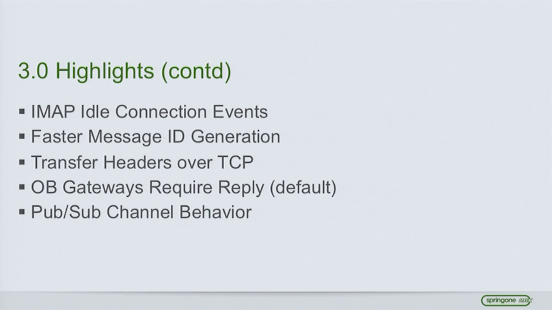So the plan is that we're going to have a 3.0 and a 4.0 Spring Integration stream that are pretty much identical, just that the 4.0 Spring Integration will have the same functionality as the 3.0. It's just that it will use Spring Framework 4.0 as its base, and it will use its abstractions for messages and channels. If you are using Spring 3.1, Spring 3.2, then you would use Spring Integration 3.0.